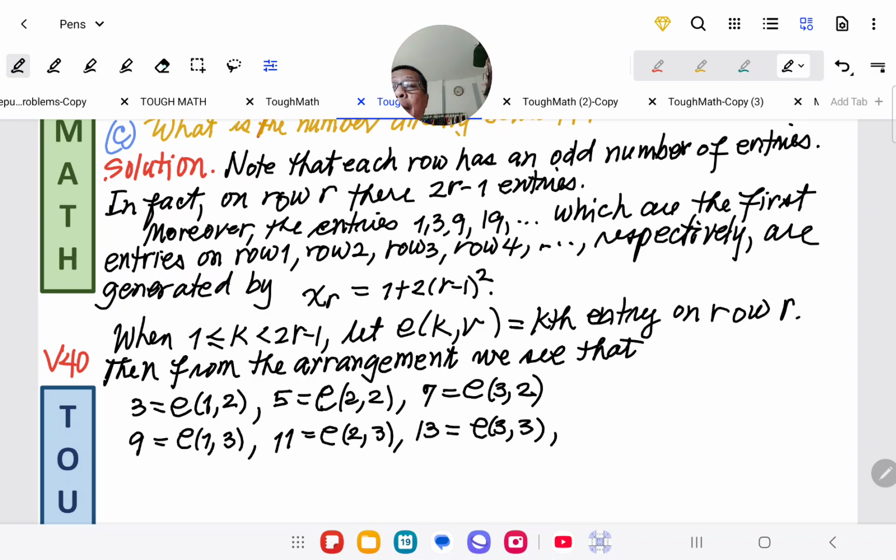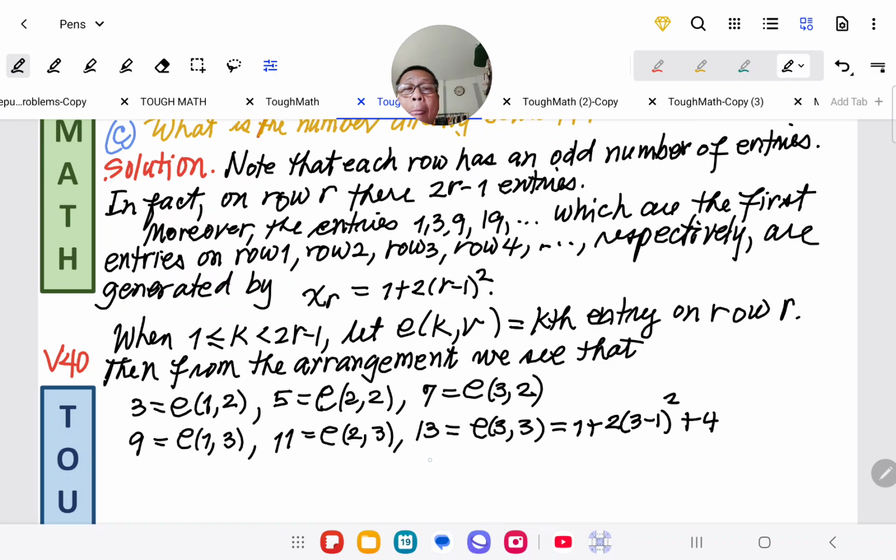which by the way can be expressed as 1 plus 2 times (3 minus 1) squared plus 4.